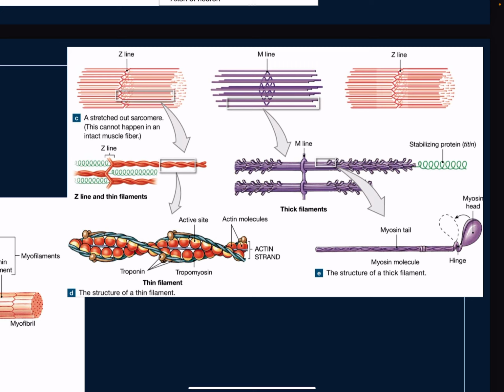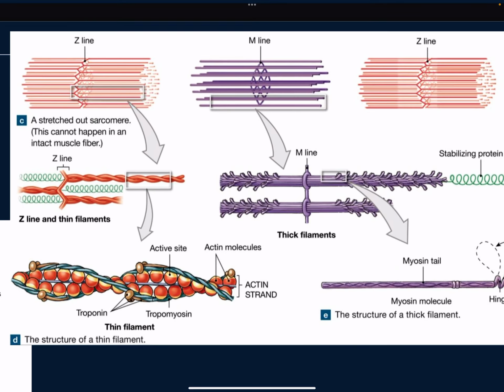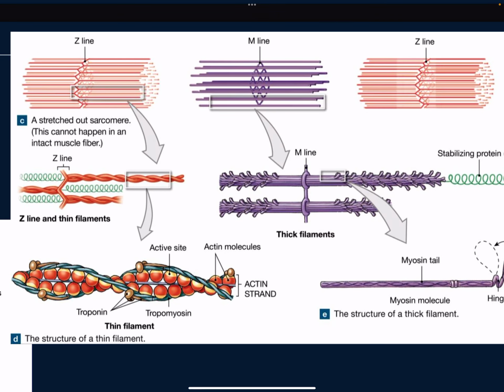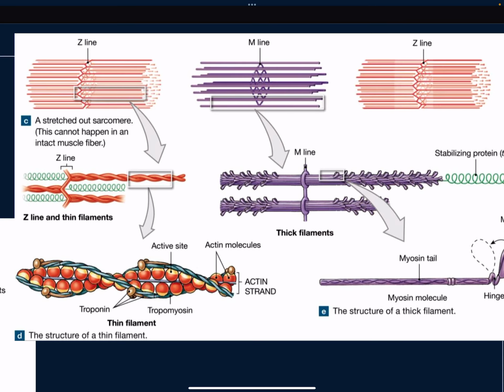What's next? Was I done with this one? No. Okay, wait, the structure. So we see right here that the thin filaments have this Z-line structure, and we see that it comes from this stretched out sarcomere. This cannot happen in an intact muscle fiber.